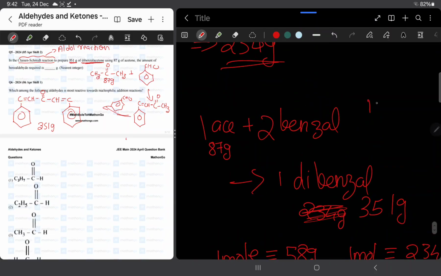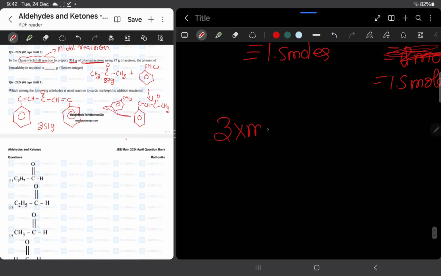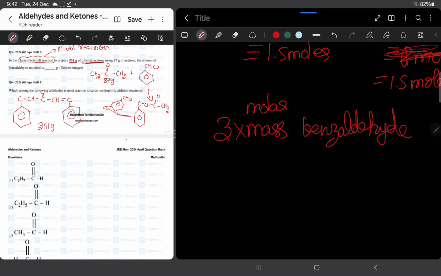The ratio of the reaction is 1:2:1, that is 1 mole to 1. Now it became 1.5, so for benzaldehyde it is 1.5 into 2, that is 3. This is the new ratio, right? Hence, we need 3 into the molar mass of benzaldehyde.